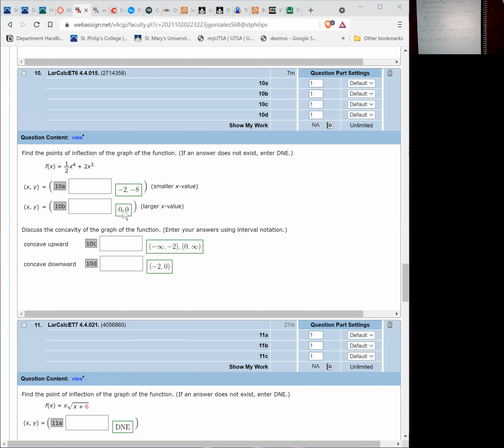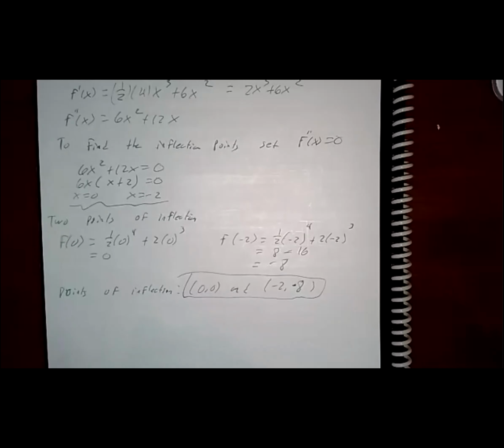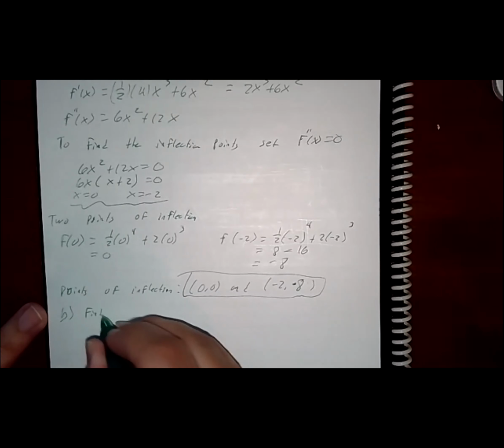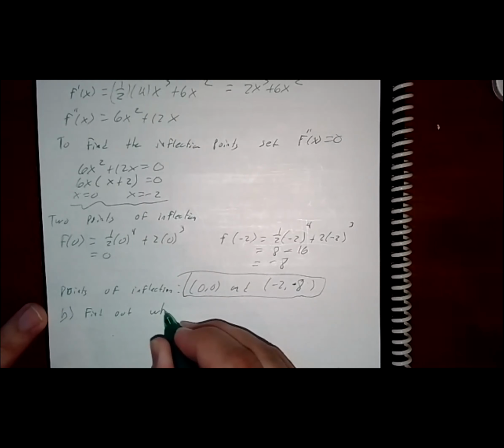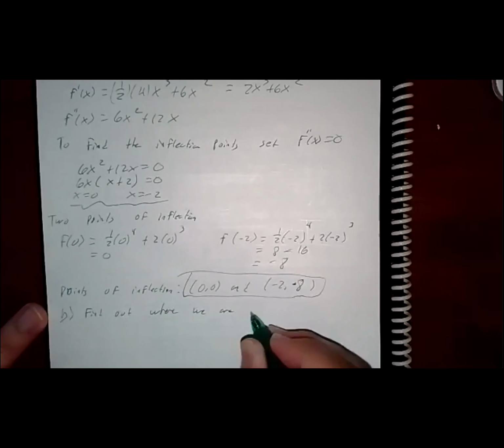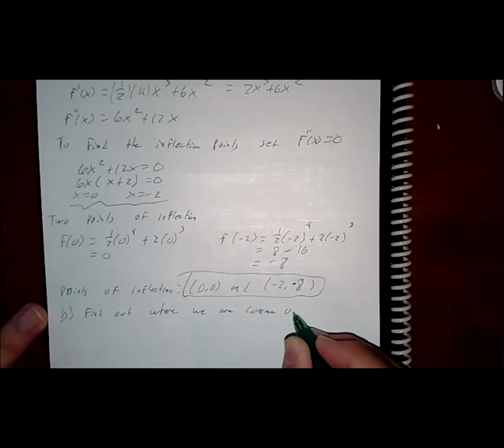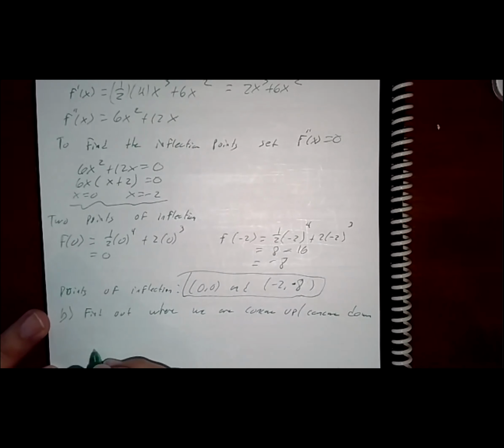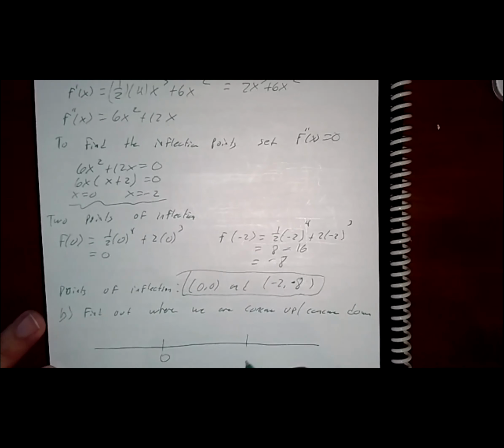So that's what we got, and 0, 0. Now we're going to figure out where we're concave up and down. Similar to before, part B: find out where we are concave up and concave down. You do the same thing. Plug in your inflection points, so here's 0 and here is 2. Oops, let's make this 2, this -2.